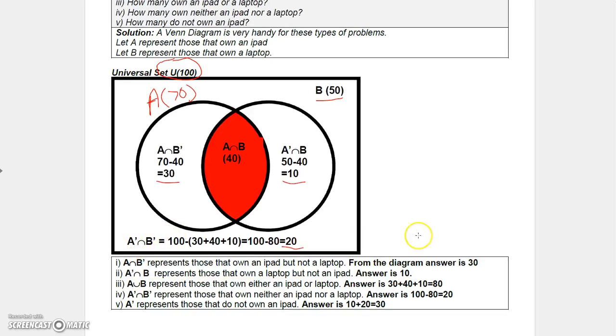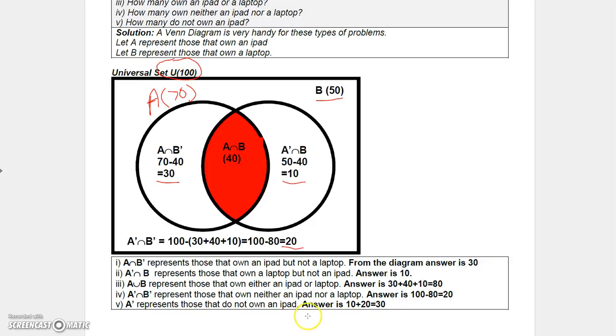That's A prime intersect B, and the answer is 10. How many own either? That would be 80, so you add 30, 40, and 10 together to get 80. And neither would be 20, so you take the 80 away from 100 and get 20 that own neither.